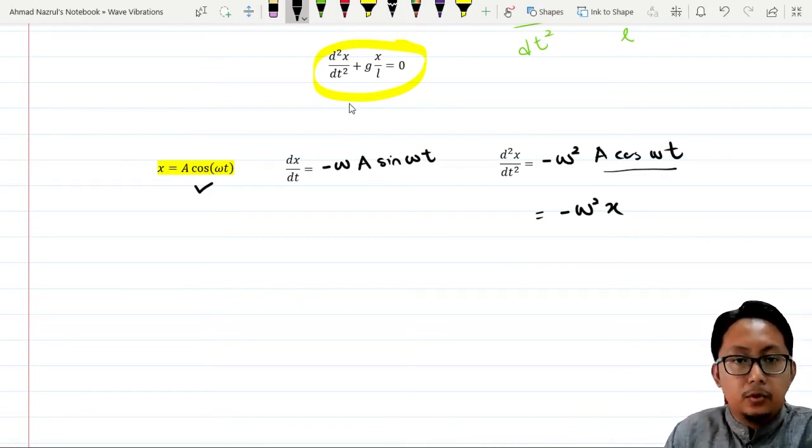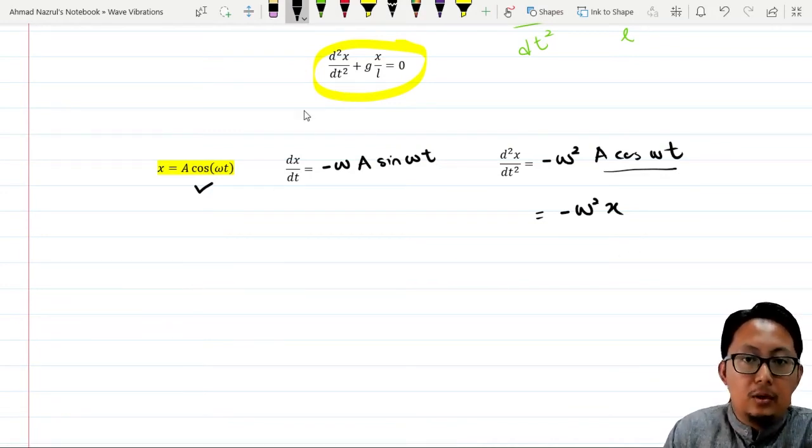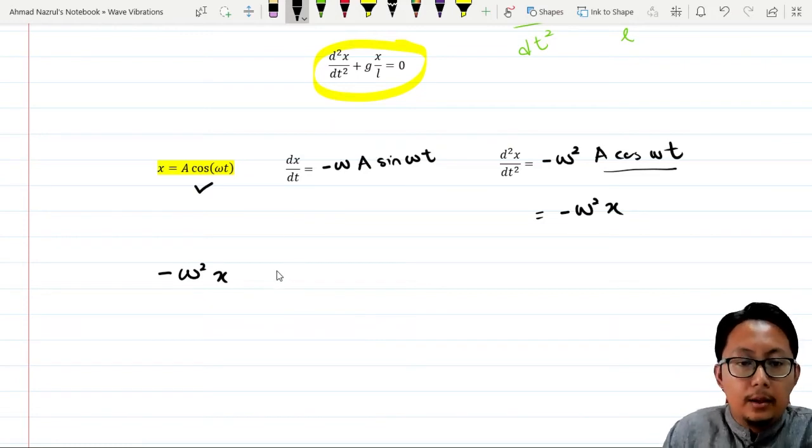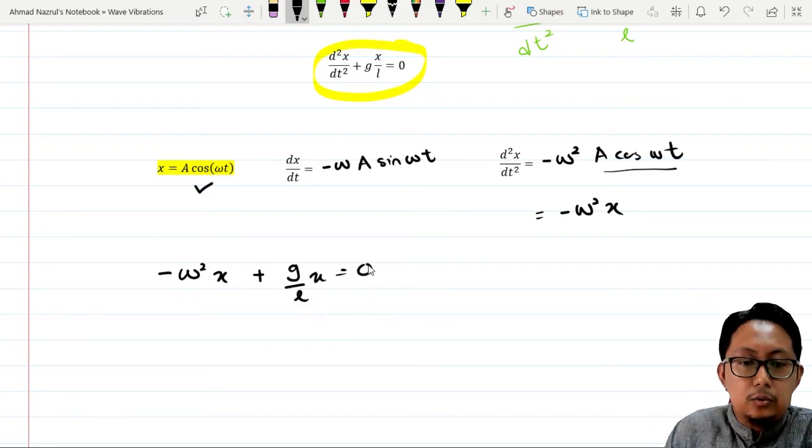So finally we replace d squared x over dt squared with minus omega squared x. So we have minus omega squared x plus g over L x equal to 0, and then we rearrange to remove the negative.